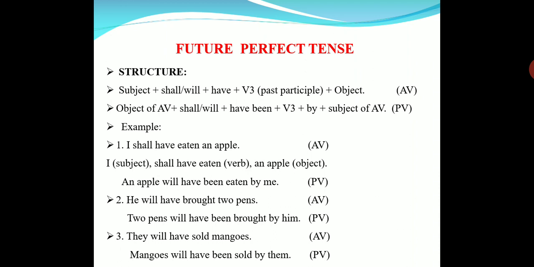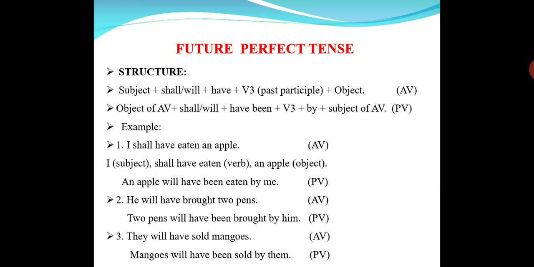And future perfect, because in future we have passive voice for only 2 tenses. One is simple future, another one is future perfect. And in future perfect we have been. And what is the addition here is shall or will. For I and we we use generally shall. We can use even will, but shall will be used only for I and we, and will is used for all. This we have to remember.